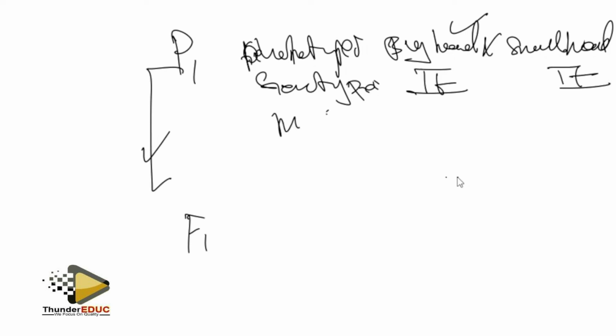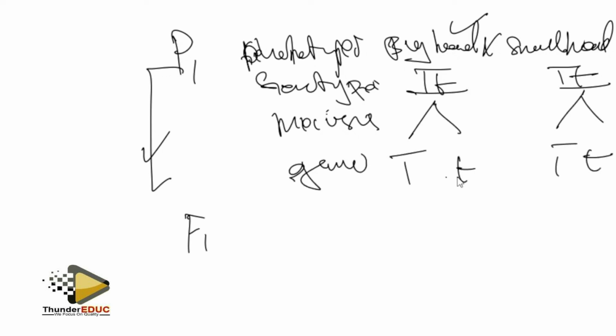Now you go to meiosis. They're saying meiosis. They're saying T, small t, T, small t, which are gametes. Now, gametes, in most cases, we love it when you circle them. You know why?